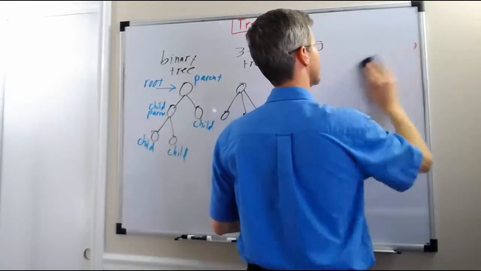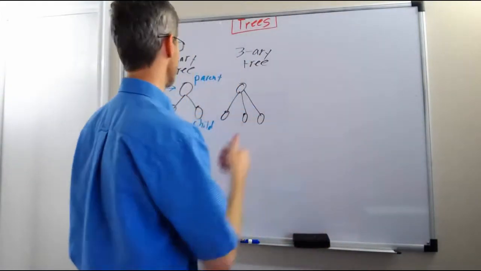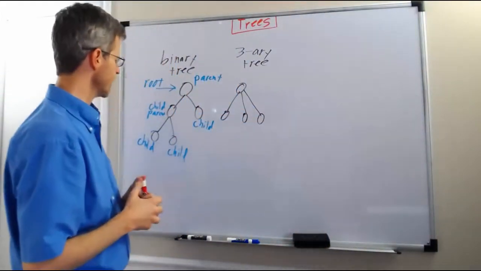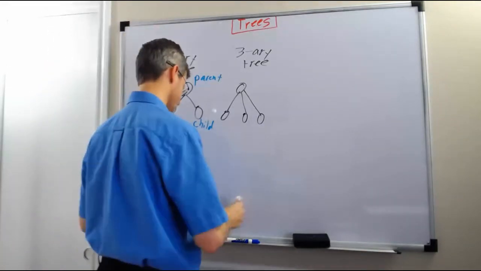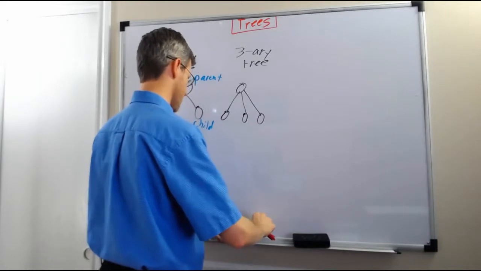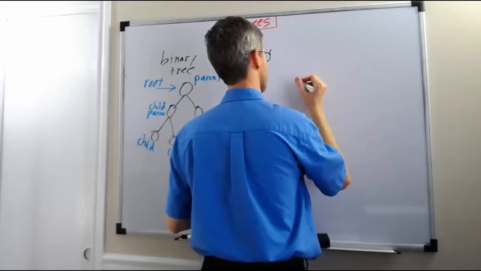So, you might wonder how we would actually represent such a data structure in memory in a programming language like Java. And the answer is code that looks like this.